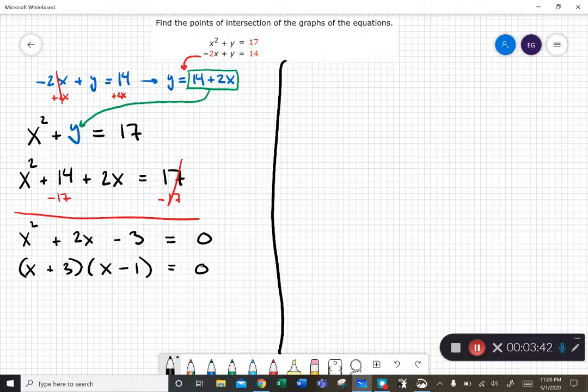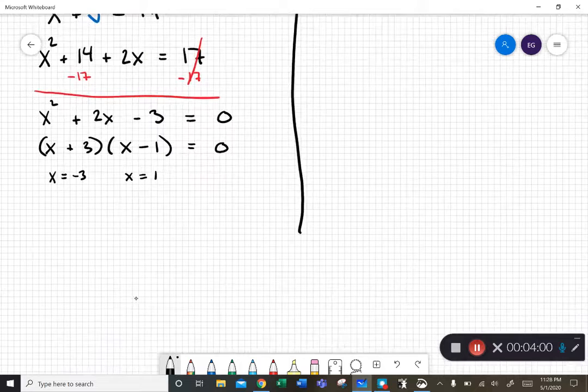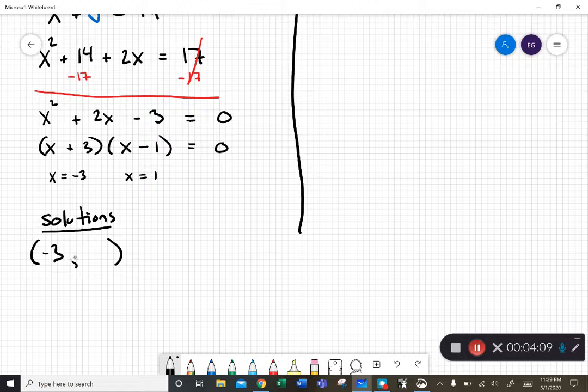Which tells us that x could either be equal to negative 3, or x could be equal to positive 1. So that means there's two solutions, and the x coordinates of the two solutions are now known. So our solutions to the problem are the points negative 3 comma something and 1 comma something.